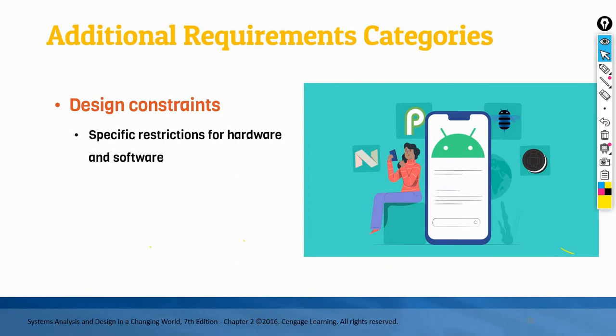For example, a cell phone application might be required to use the Android operating system, or its size should not be more than 30 megabytes of flash memory storage, or it should consume no more than 10 megabytes of system memory. Constraints such as that are design constraints.